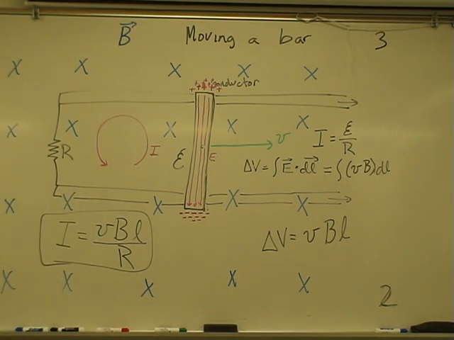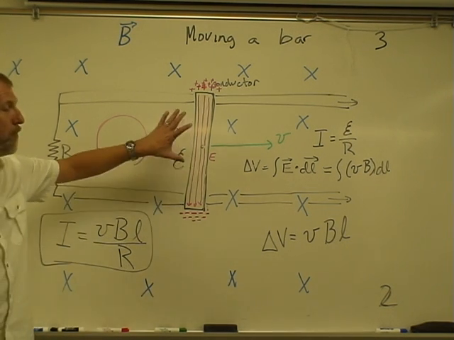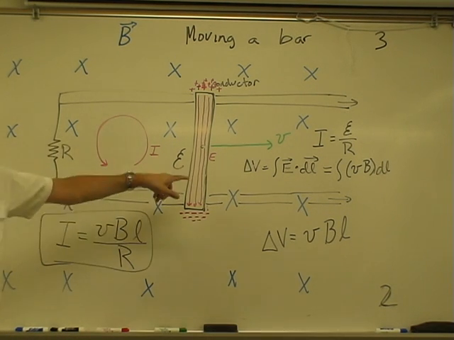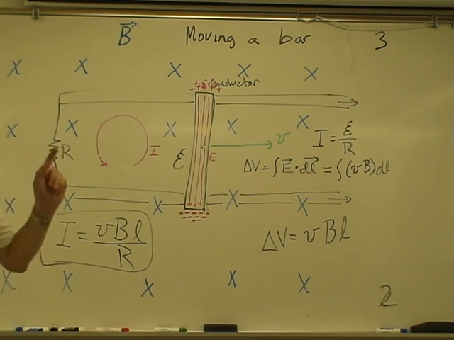Now, we're not entirely done here. The reason is that since I've got a current in this bar, there's current going through each of these sections. Each bar will feel a magnetic force due to that current.